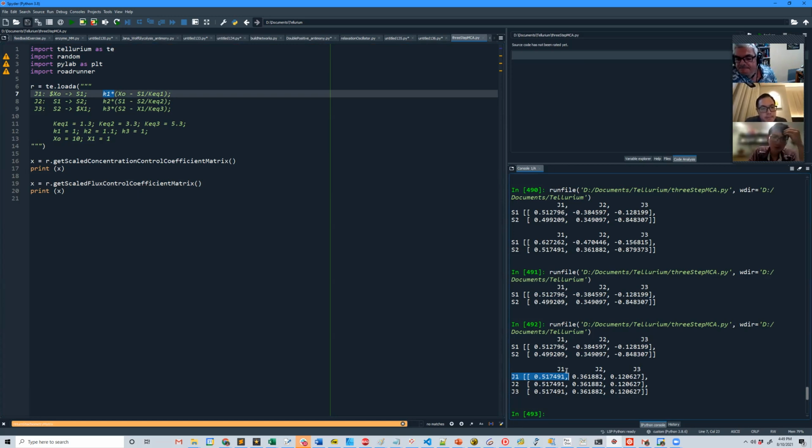Now, because we're at steady state, J2 sees exactly the same change. J3 sees exactly the same change. So all the column numbers are the same. Now, if you have a branch pathway where the different parts of the branch carry different fluxes, then you get different numbers.